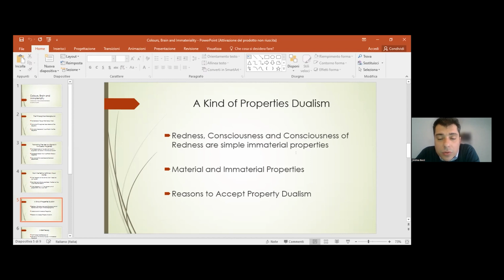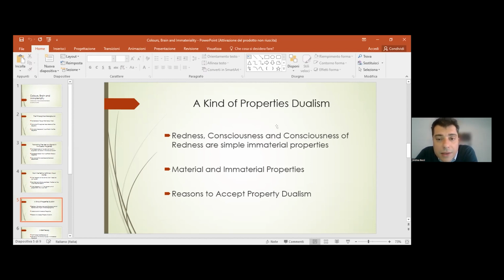There is nothing to research, because what we talk about as consciousness is simply a simple property of an immaterial fact.